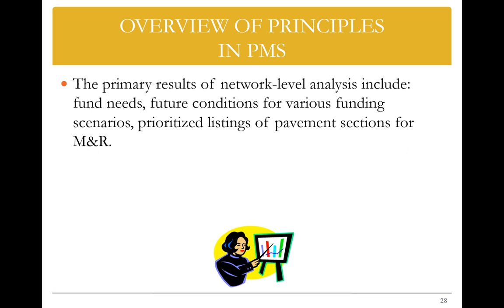If you have this minimal amount of data at the network level, then the primary results would include the fund needs, the future conditions for various funding scenarios, as well as the prioritized listings of pavement sections for maintenance and rehabilitation.